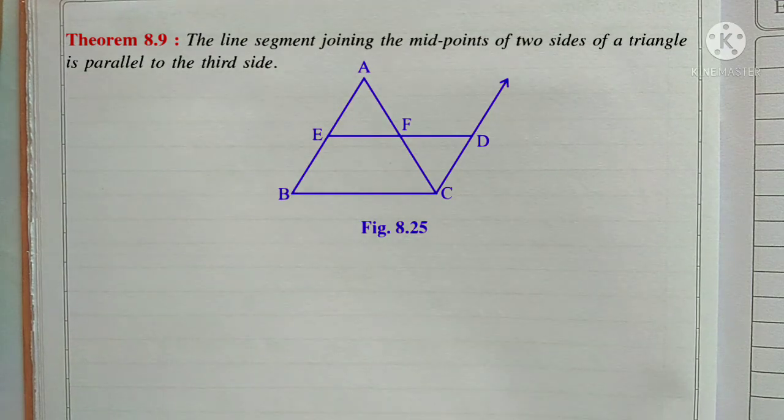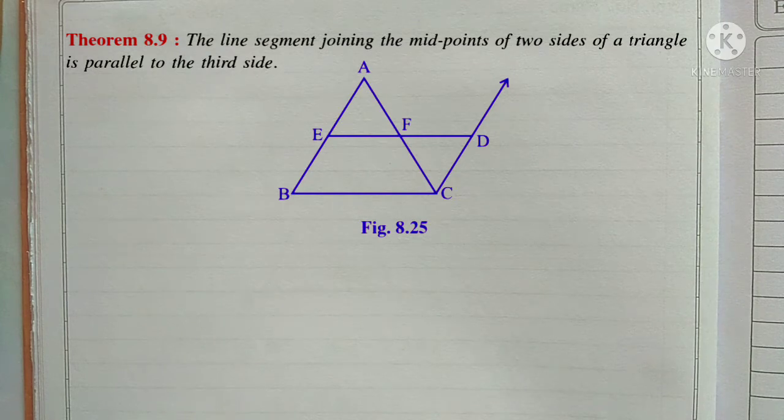As you see in the figure, the line segment joining the midpoints of any two sides, it is not fixed which two sides we have to consider, of a triangle is always parallel to the third side, because as we have already done, EF equals half of BC and angle AEF equals angle ABC, then we get that the sides are parallel, is it not?